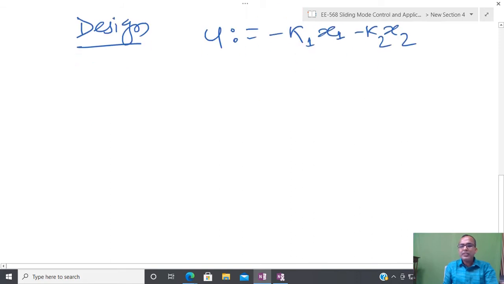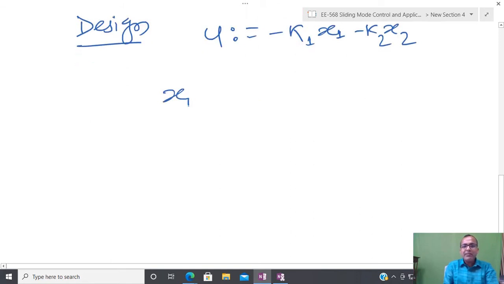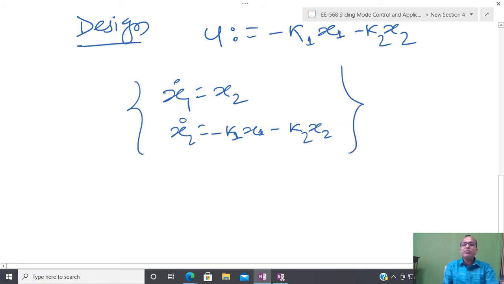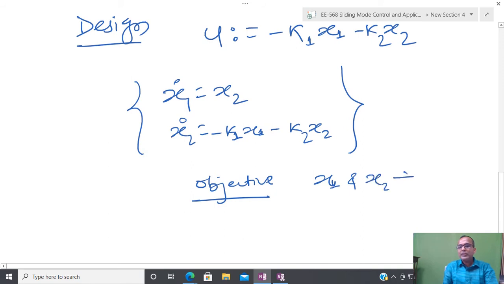Now if you see the closed loop dynamics, I have x1 dot equal to x2, and x2 dot equal to minus k1 x1 minus k2 x2. So what is our objective? The objective is that x1 and x2 both tend towards 0 as t tends towards infinity. Could you please tell me how to select k1 and k2? Anyone?